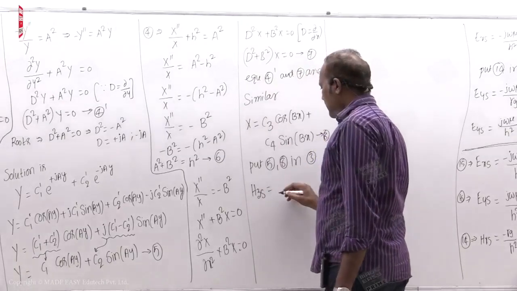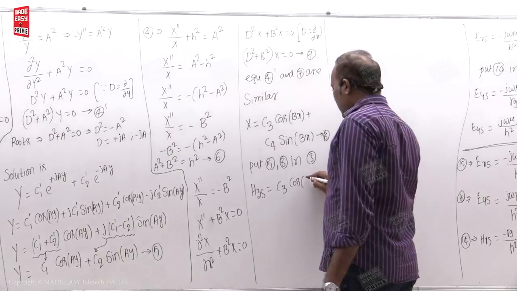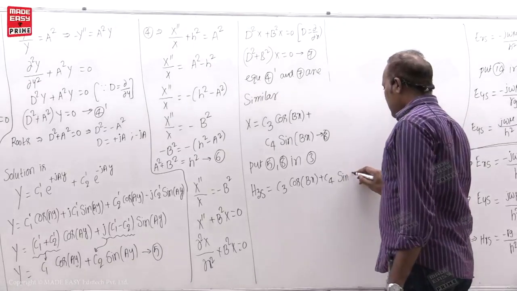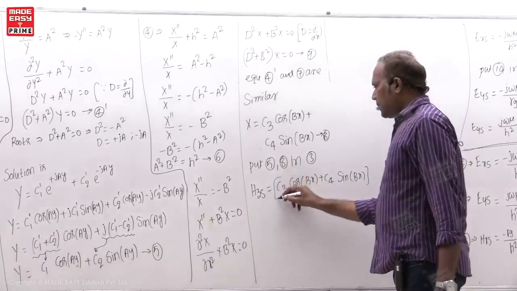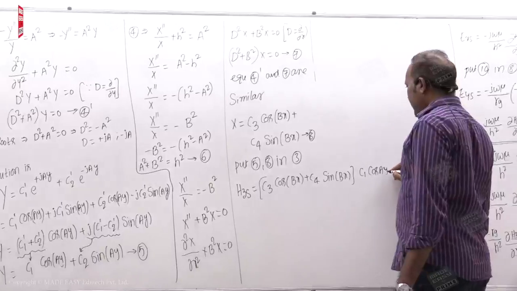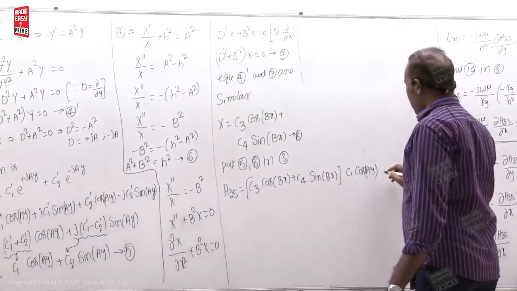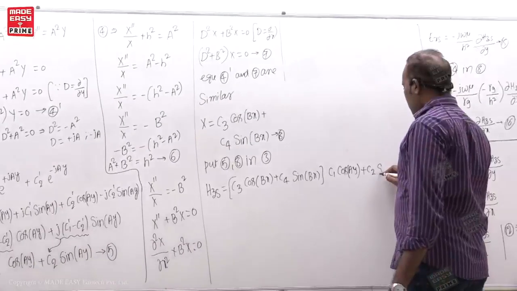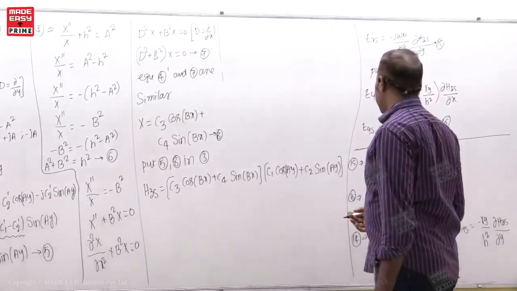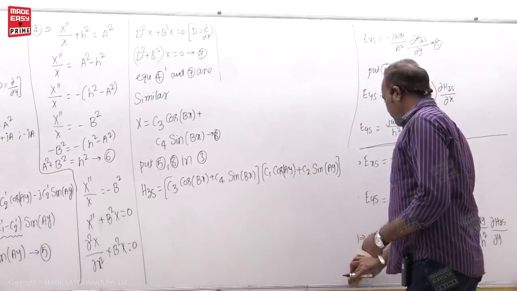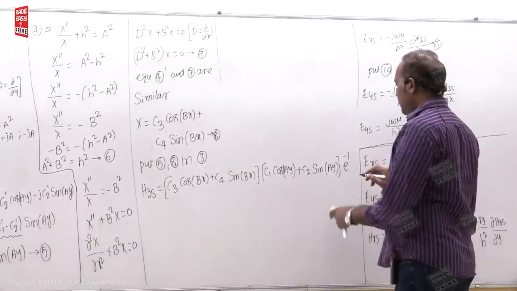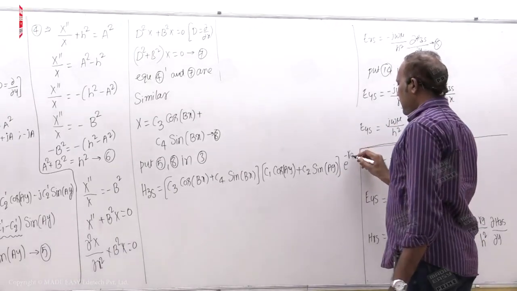Hzs is equal to, X is this one, C3 cos bx plus C4 sin bx, and similarly C1 cos ay plus C2 sin ay, students, into e power minus gamma g z.